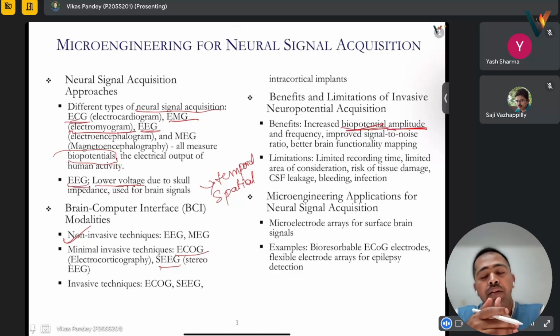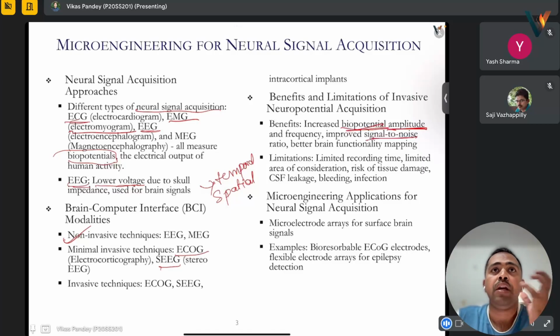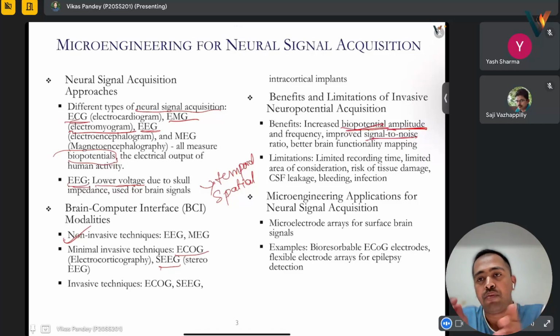We will be able to find a better frequency. There will be no delay, and an improved signal to noise ratio. That means we will have lesser interference or noise, and we will be able to easily map the function of the brain. We can pinpoint specific areas.